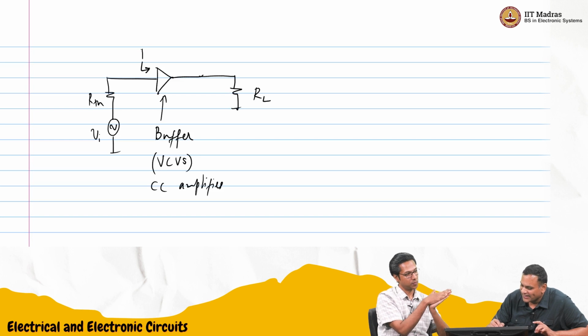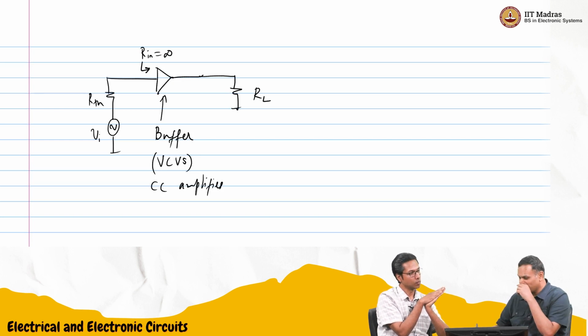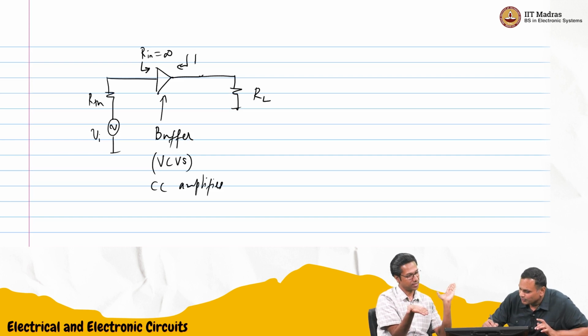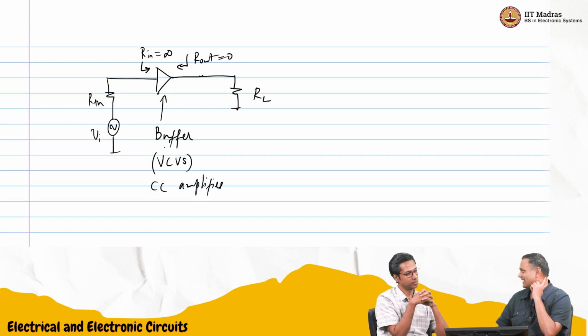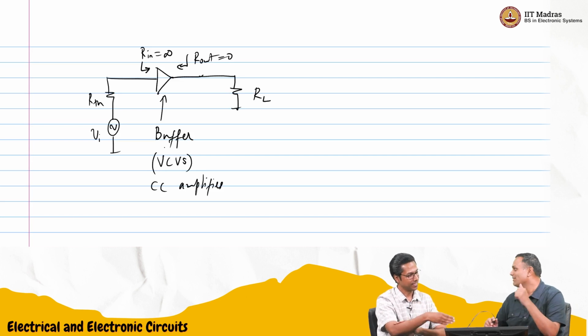The idea is that the input impedance of the amplifier is infinity and the output impedance should be 0. So it's a very good source, a very good stage if you want to drive the load.